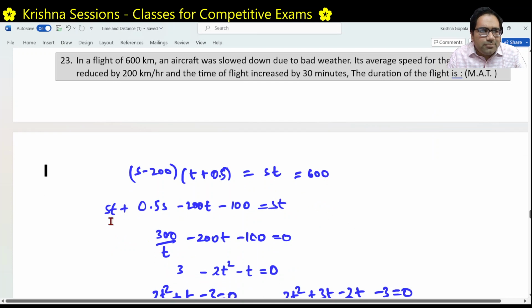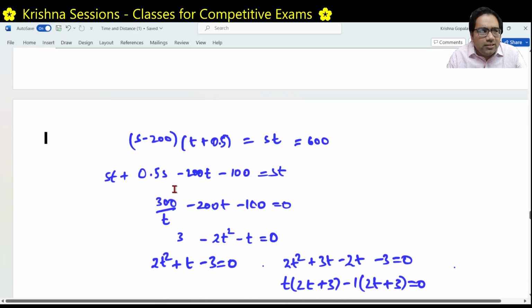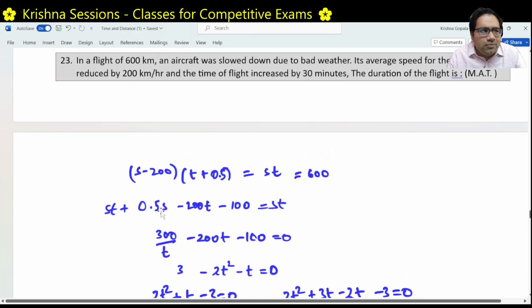So what do we do? Let's expand: st plus 0.5 into s minus 200 into t plus 0.5 into 200, so minus 200 into plus 0.5, which is minus 100, is equal to st. First, the first and the second terms: st and st will get cancelled, right? And then what do we know? s is equal to 600 by t. This also we know, right? From the second and the third terms, s equal to 600 by t.